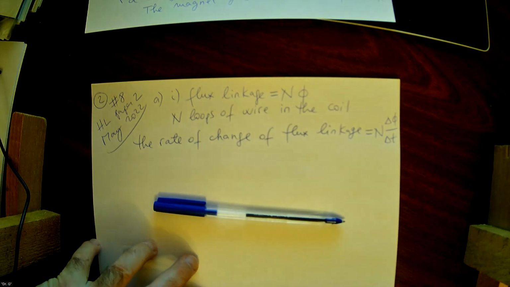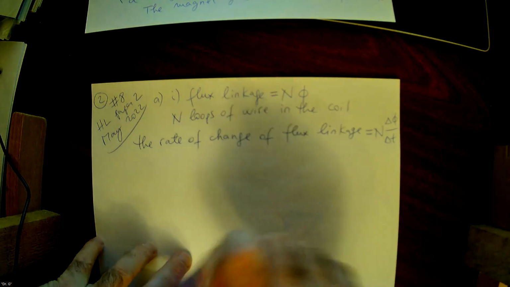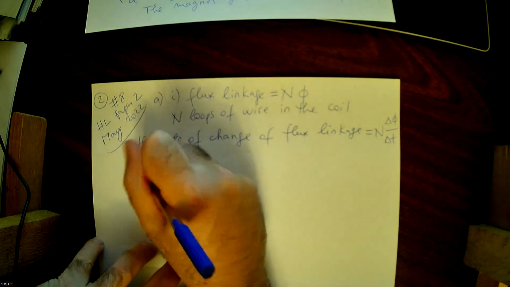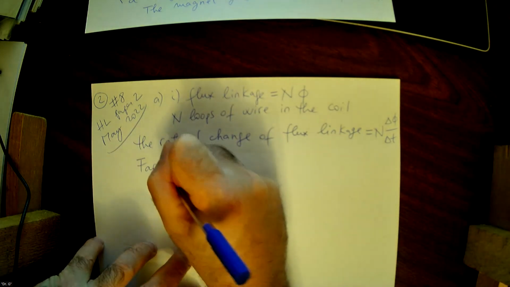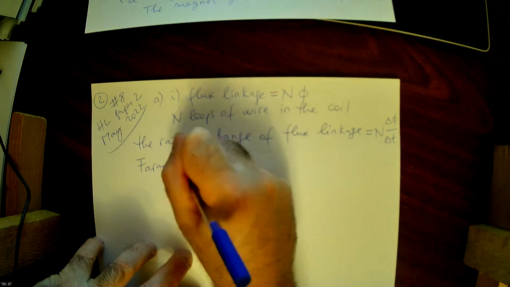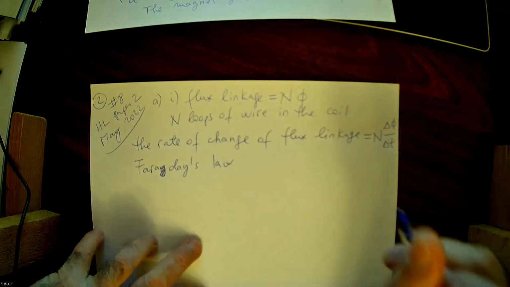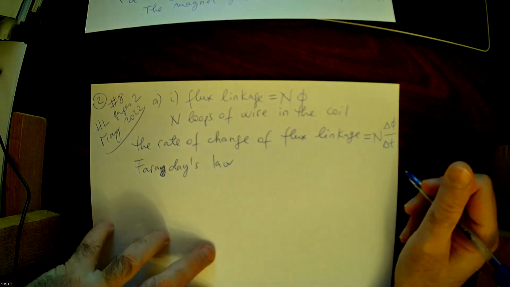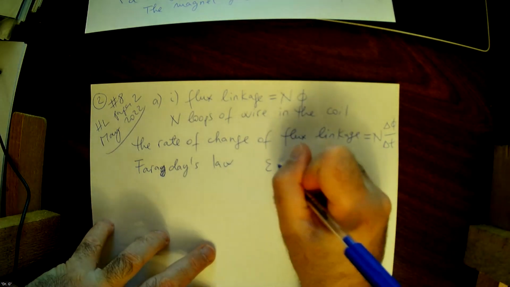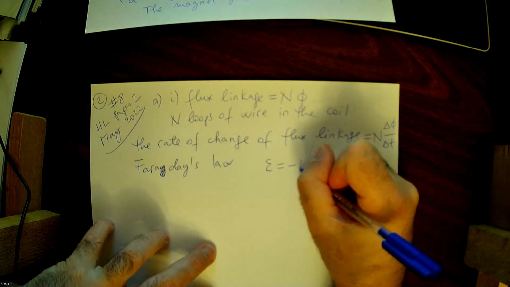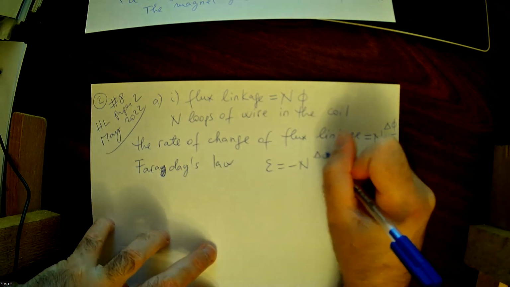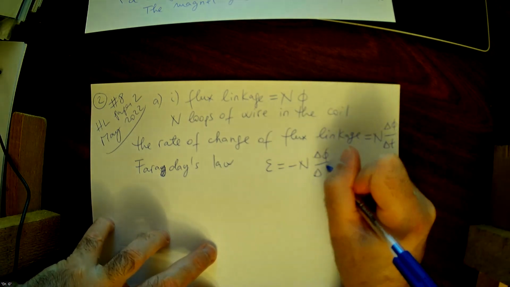Well, this, according to Faraday's law, E is negative N delta phi over delta t.